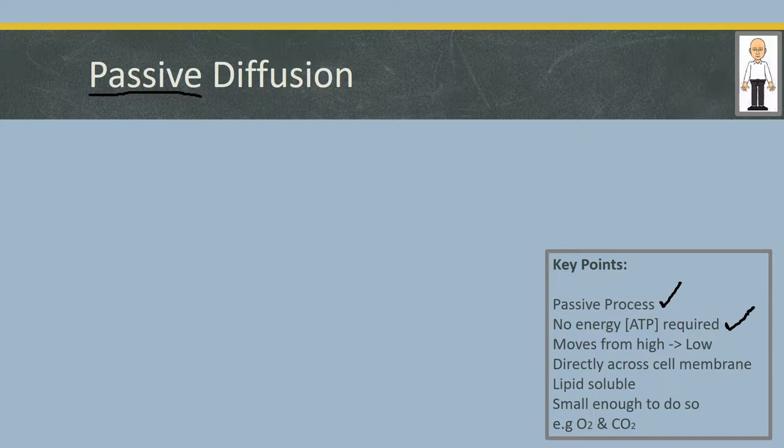Now, the first concept that we need to concern ourselves with is the concept of high concentration and low concentration. So if we start by putting some green molecules over here, and we put a few over here, then the area of high concentration would be up here.